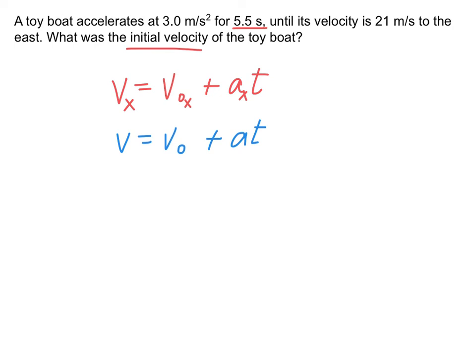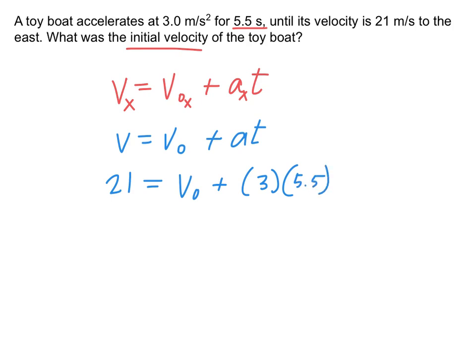The final velocity is the 21. That's what's happening later in the problem after the 5.5 seconds. The initial velocity is the thing I'm looking for. My acceleration is 3, and my time is 5.5.